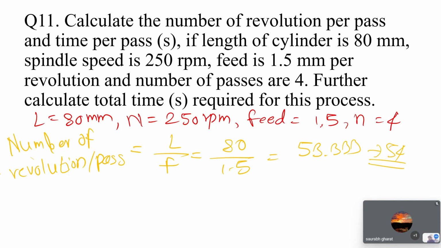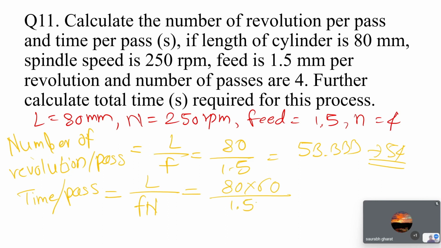That is the number of revolutions per pass. Now find the time per pass. Time per pass is equal to L divided by F into N. N is in RPM, so it will be in minutes. You have to convert into seconds. So 80 into 60, because you need to convert into seconds, divided by F 1.5 into N, your N is 250.